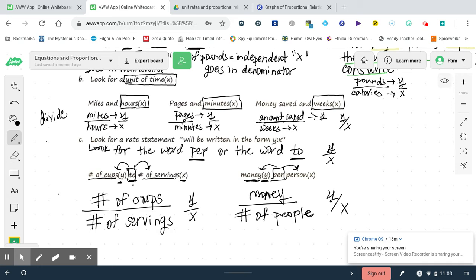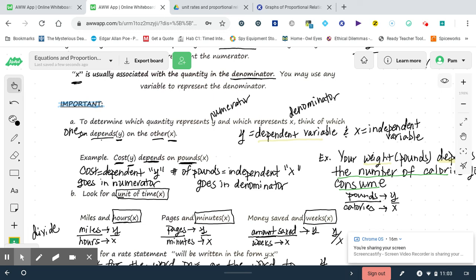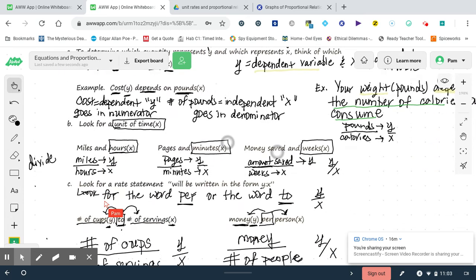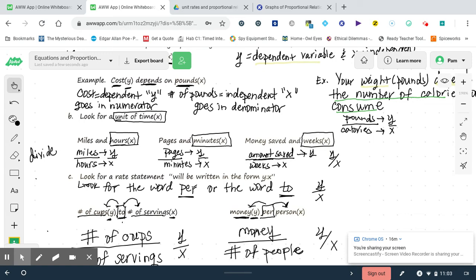You can have a dependency statement. So when one thing depends on another, that dependent variable would be y. Or you can have, in B, you can look for a unit of time.